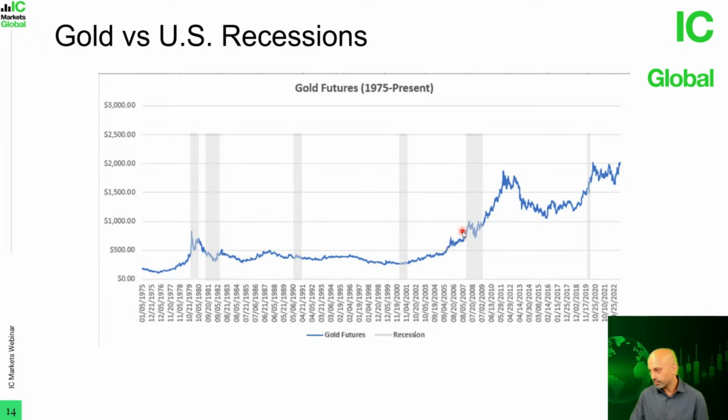And then going into the recession, as the recession started, gold prices started to pull back and only started to increase strongly as the second half of the recession played out, right? And here also you can see gold prices pulling back during the actual recession. So gold can function as a good hedge against inflation, against recession, but it's not a certainty, right? So that's the message I'm trying to put across here.